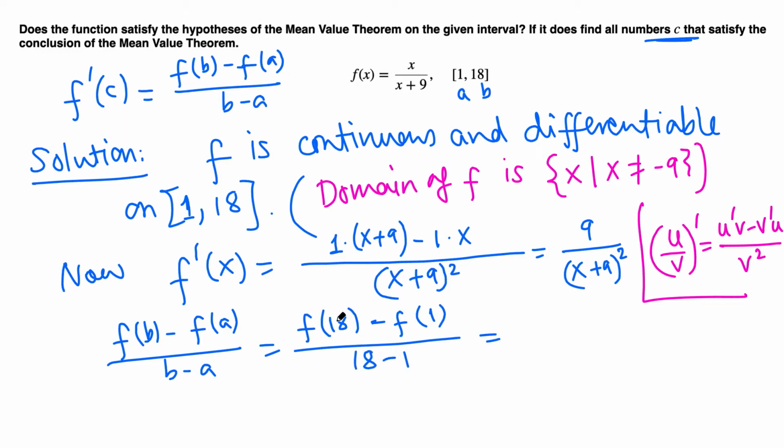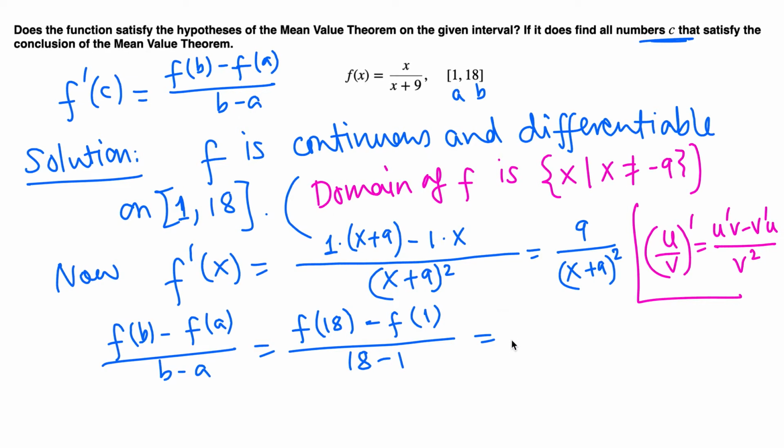So evaluate the function at 18. f at 18 is, we plug in here, 18 over 18 plus 9, 27. 18 over 27 means 9 goes twice, so 2/3, minus f at 1, which means 1 over 1 plus 9, 10. 1 over 10, all over 18 minus 1, 17.